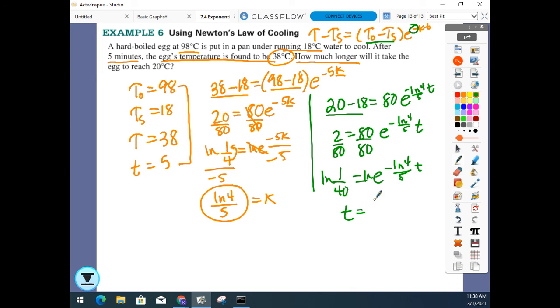So I just cheated. I didn't have this written out in my book. We should get 13.3 minutes. But be careful.